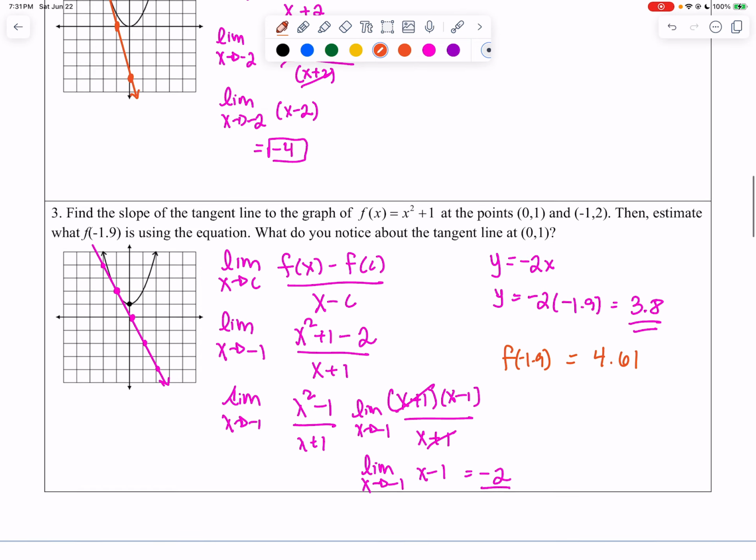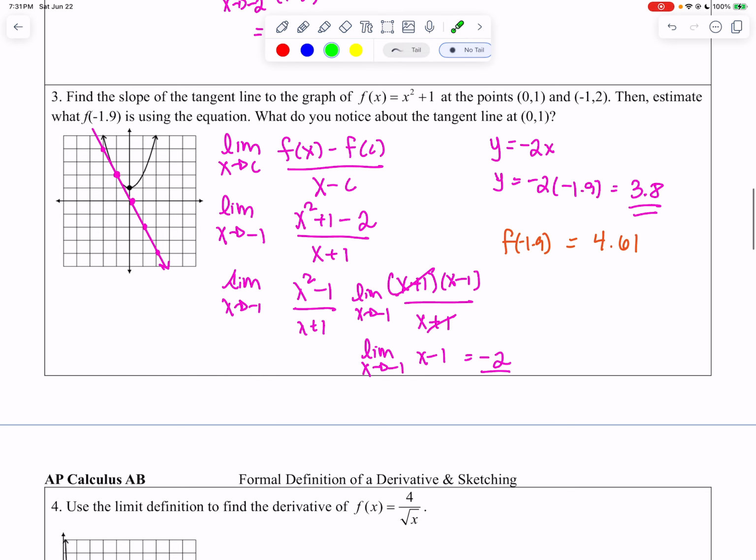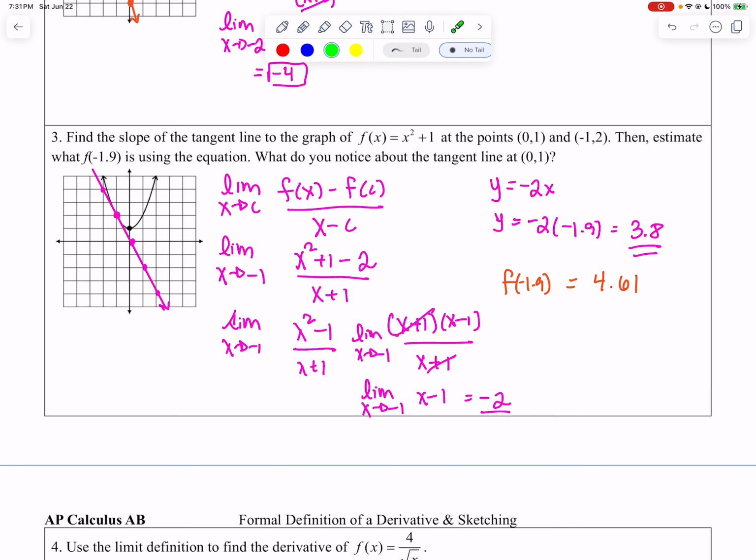So once again, this is an underestimate because my guesstimation is less than my real actual value.